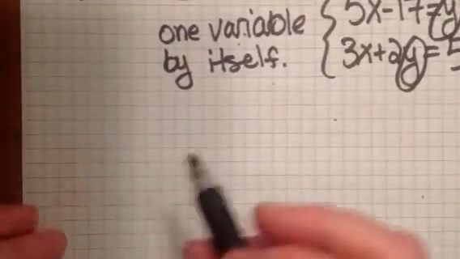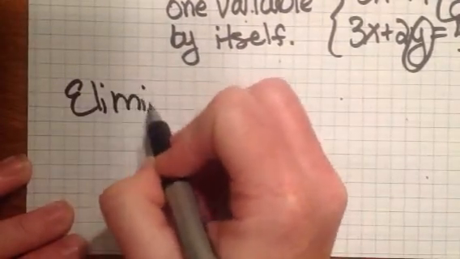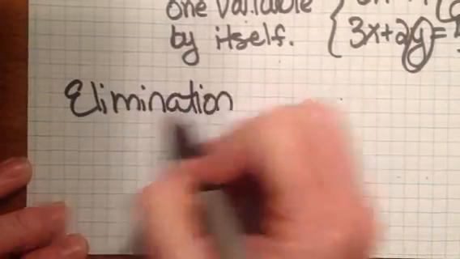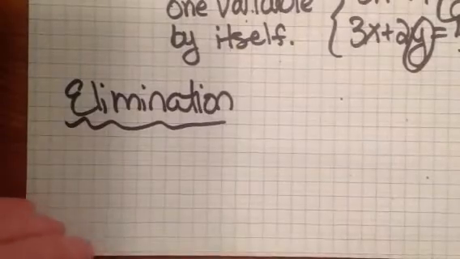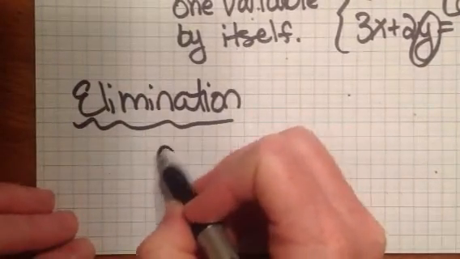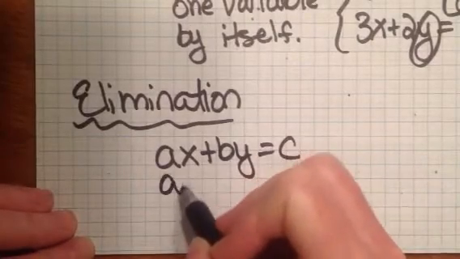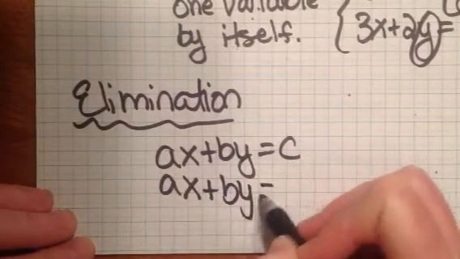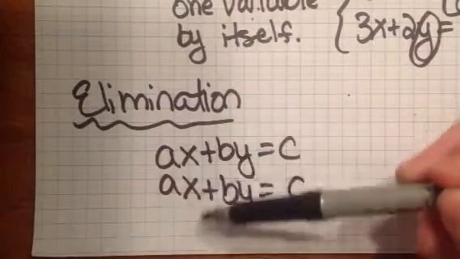And the third method is elimination. Elimination works well if you have both equations in standard form, meaning that your variables are lined up vertically.